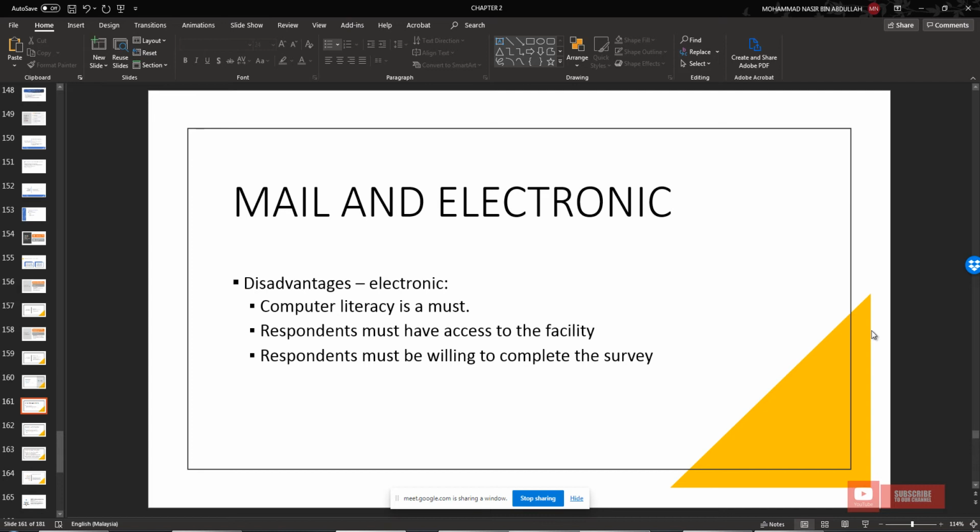I believe nowadays everybody has access to facilities, such as internet and electronic devices. Respondents must be willing to complete the survey. So this is the disadvantage. Most of the respondents mostly ignore that survey.